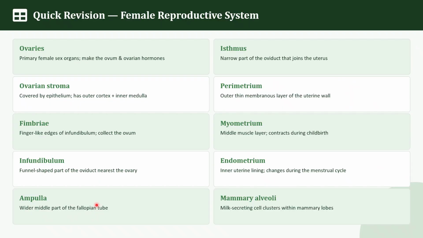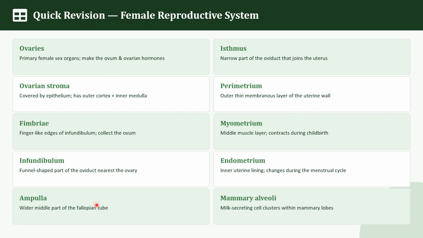So we have come to the conclusion part. Let's have a quick revision, children. Ovaries are the primary female sex organs; they produce ova and ovarian hormones. The ovarian stroma is divided into cortex and medulla. Fimbriae collect the ovum after ovulation. Infundibulum is the funnel-shaped beginning of the fallopian tube.